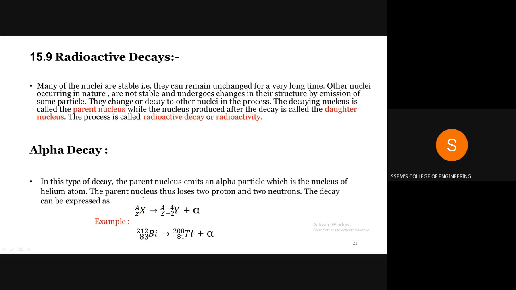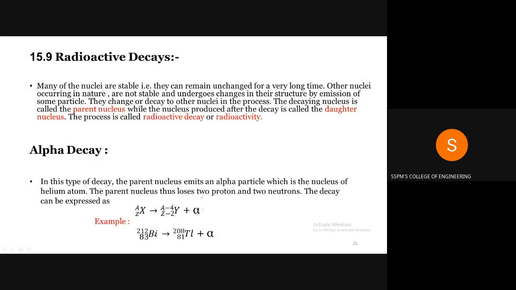Okay, so during the alpha decay process, it loses two protons, Z minus 2. It loses two protons and two neutrons. A is the number of protons plus the number of neutrons, but here two protons and two neutrons are lost, plus one alpha particle is emitted, and that alpha particle we write as 2He4, because two protons and two neutrons, mass number 4.